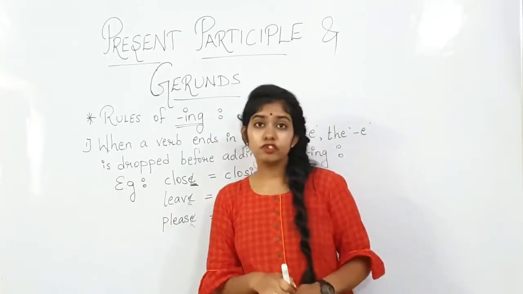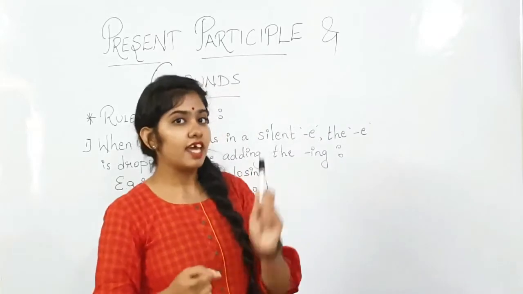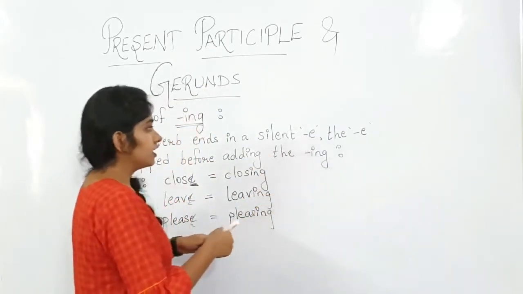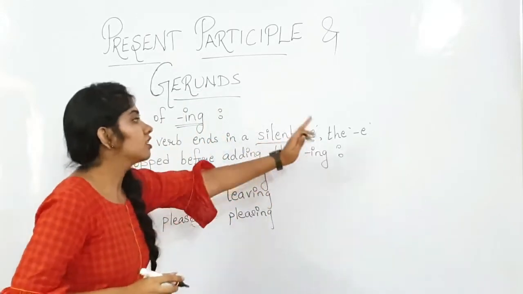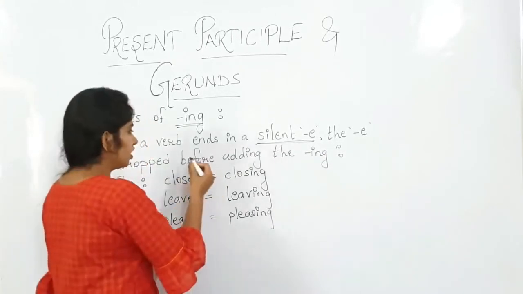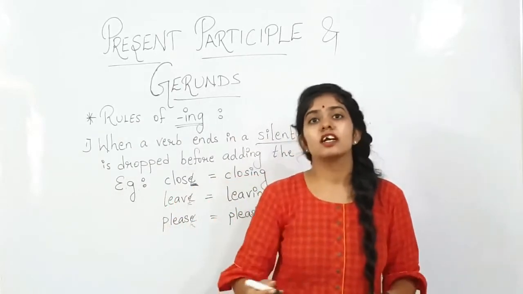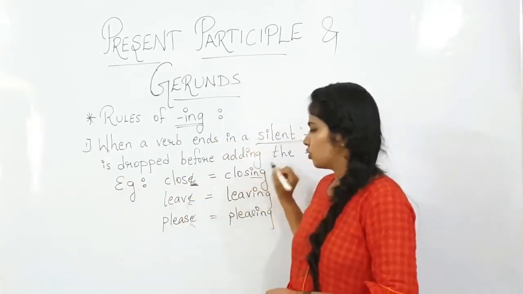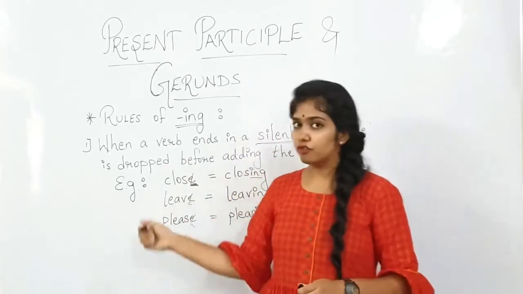So I hope that you have understood the first rule, that is when a verb, that is action word, ends in a silent E, then the E is dropped, means E is cut before adding ing. Means ing को ऐड करने से पहले ई जो है वो कट हो जाता है, and you have to add ing. So students, this is our first rule.